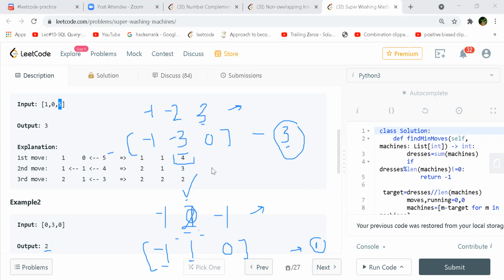So why do we have to do that? Because if you don't, there might be some machines which have a deficit at their right side, right? Either we do it this way, or else we'll have to do this running sum from left to right as well as from right to left, and take the max then. Instead of that, they are just saying, just look for this along with the running sum.